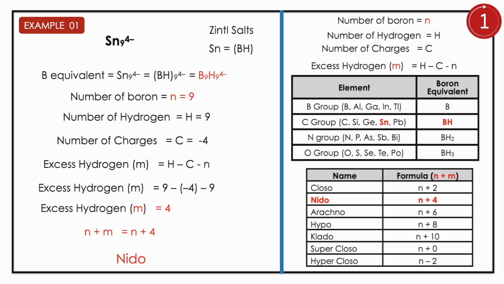Borons are 9, so N equals 9. Hydrogens are 9, so H equals 9. Charge is minus 4, so C is minus 4. The excess of hydrogen is M equals H minus C minus N. H is 9, C is minus 4, N is 9. Then M will be 4. M is 4 means it is the N plus 4 system, which means Nido structure. So according to Wade's rule, the Zintl salt Sn9 4 minus has the Nido structure.